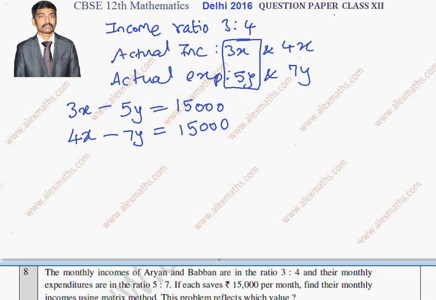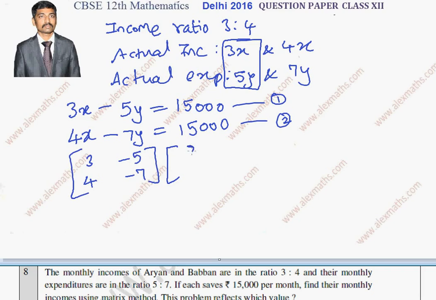Now find their monthly income using the matrix method. So this we have to write as a matrix product. These two are the equations, of which I have to take only the coefficients and write as a matrix product in this way, and after that using the matrix method we are going to solve this to find their monthly income.